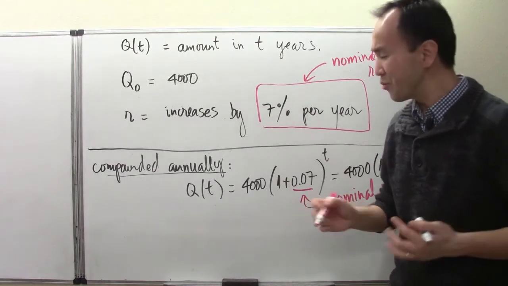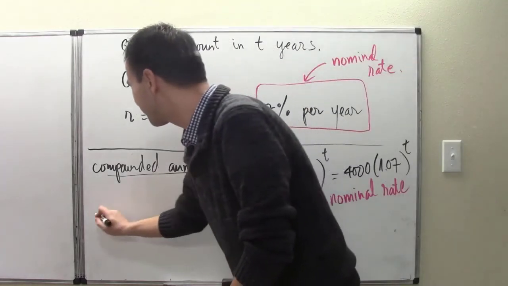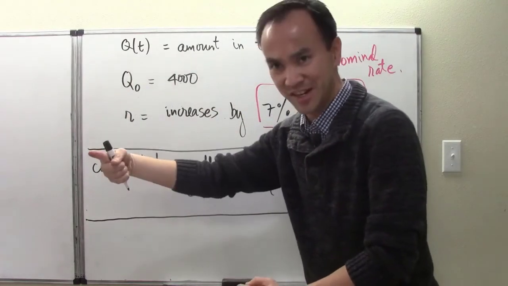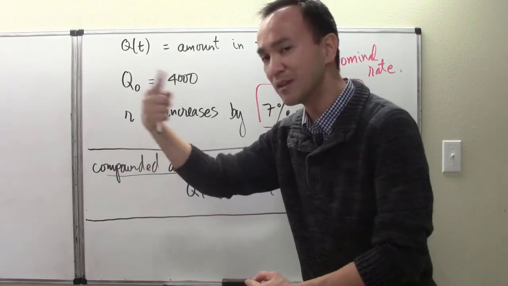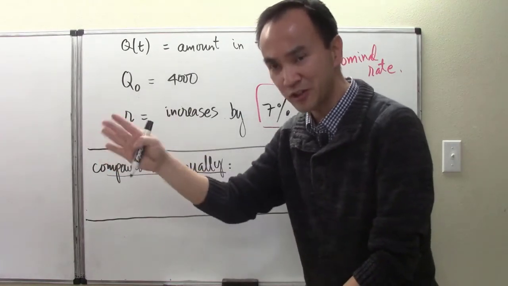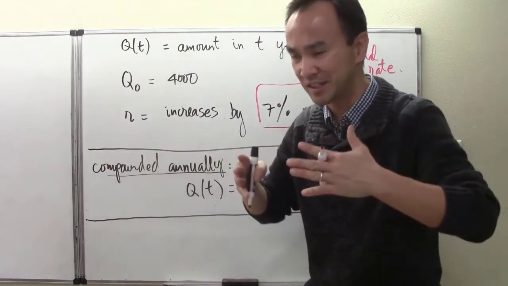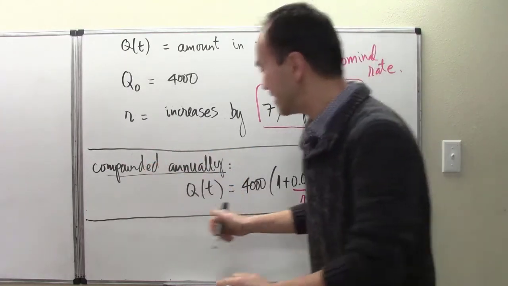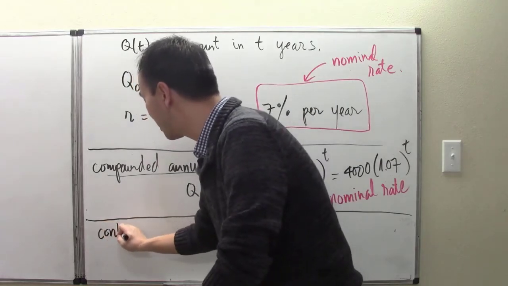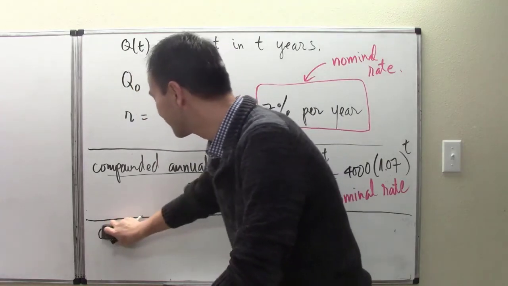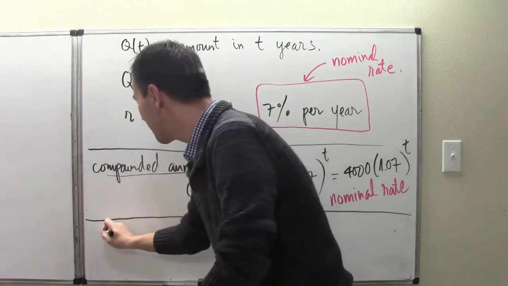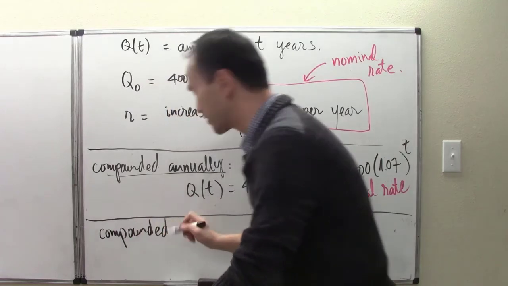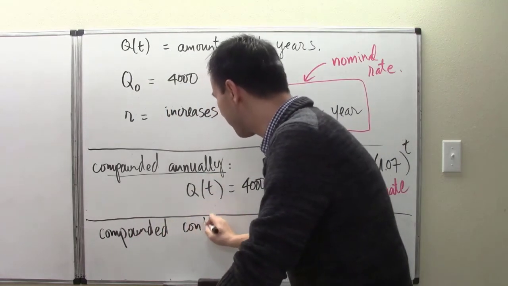And then we went on to the concept where we keep increasing the number of compounding periods per default time period, basically increasing the frequency of compounding, to the point where our interest is compounded continuously.